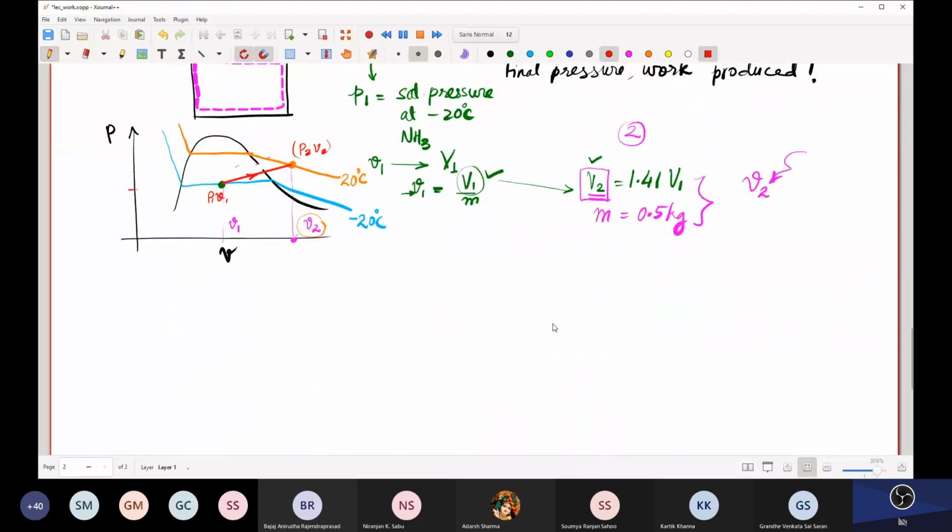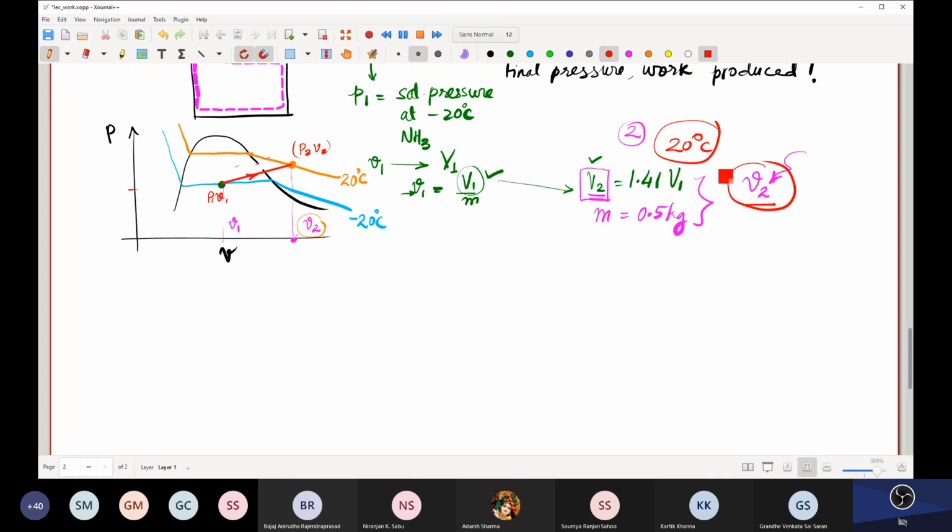You cannot have any other kind of variation. All right. So we would have V2. We can easily find P2 because this second state is at 20 degrees Celsius. If you know the temperature and the specific volume, you are in a position to figure out what the pressure will be.